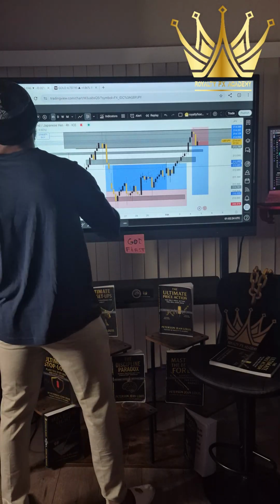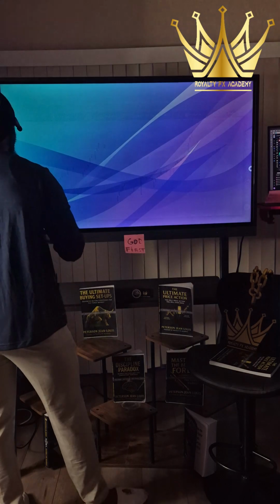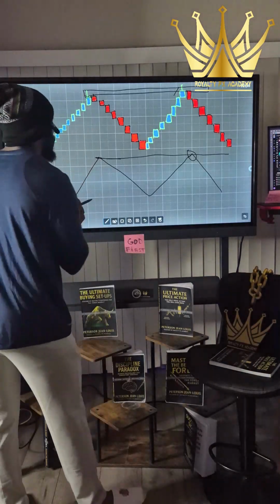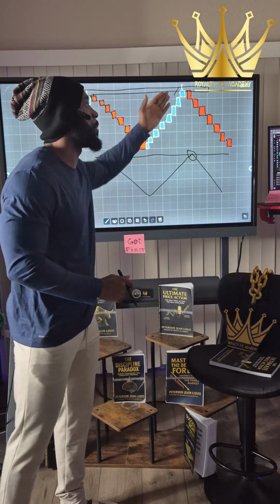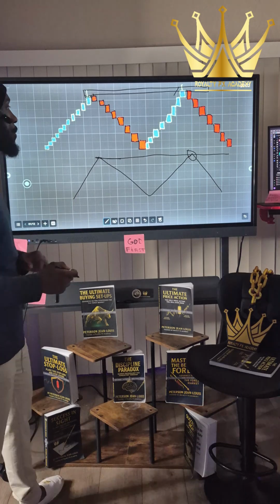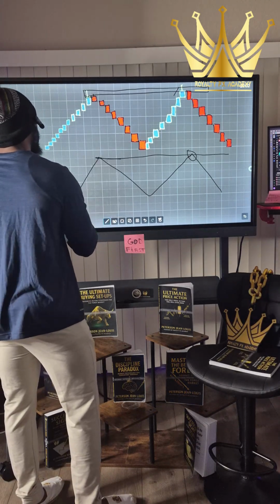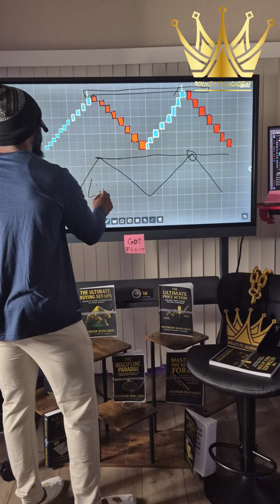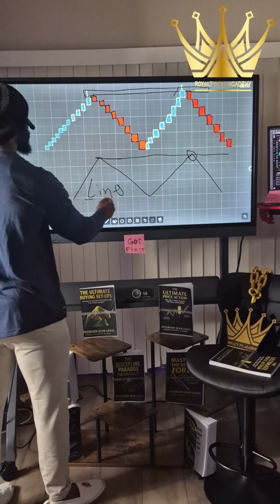So back to this. All right, back to the zone. Literally kind of like the same thing. It went a little bit above it, but it did respect it. So rule number one, when it comes to marking the zone, use the line chart to get the exact turnaround point, the T point.